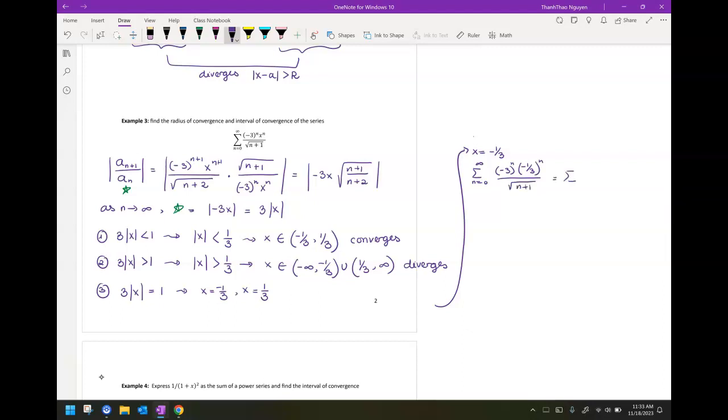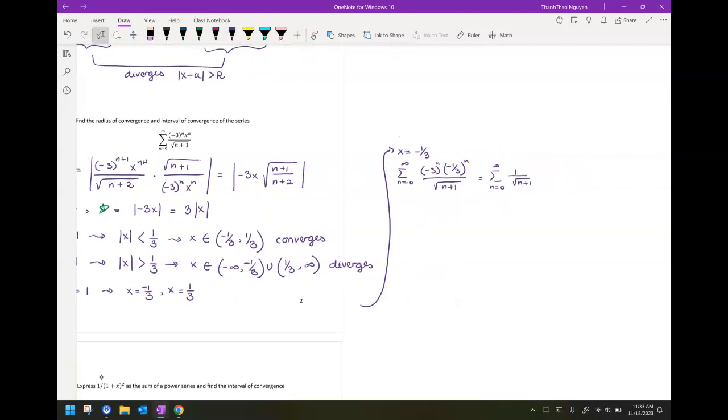This simplifies to 1 over the root of n plus 1. So this is divergent by the p-series. This is a divergent p-series.